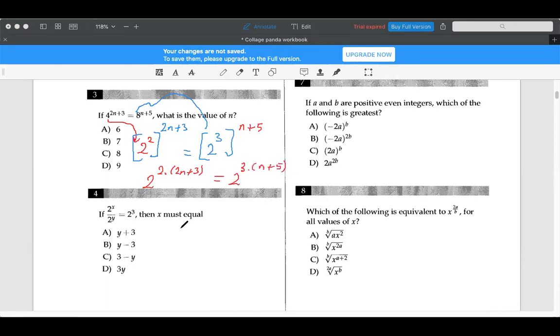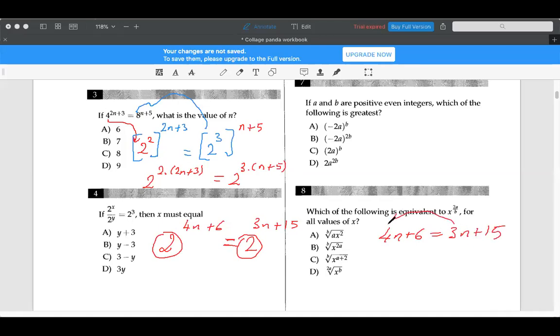Okay? And then this is 2 to the power of 4n plus 6, equals 2 to the power of 3n plus 15. So another rule: when we have an equation and the bases are equal to each other, the rule says powers are directly equal to each other, which means 4n plus 6 equals 3n plus 15.